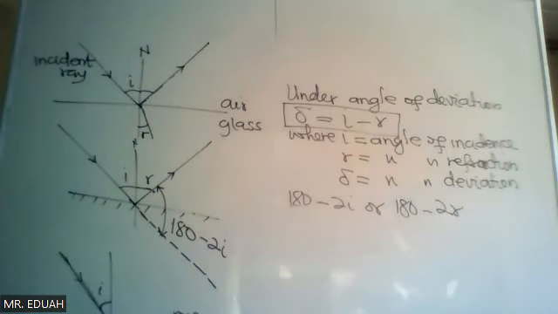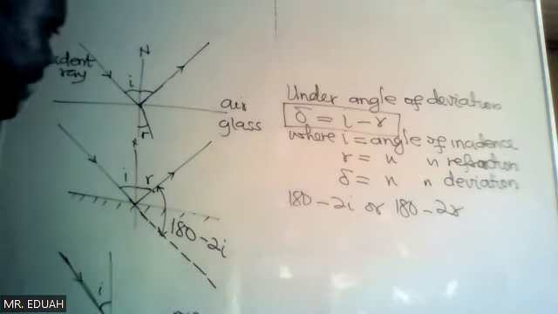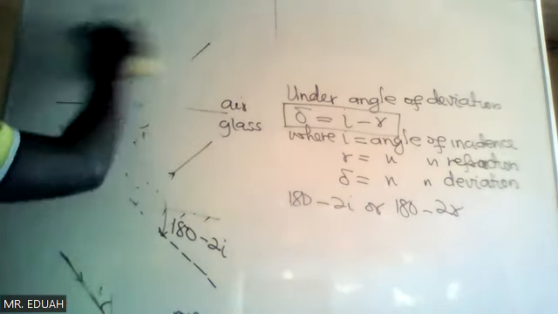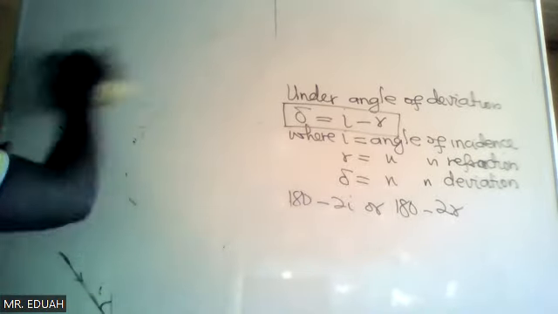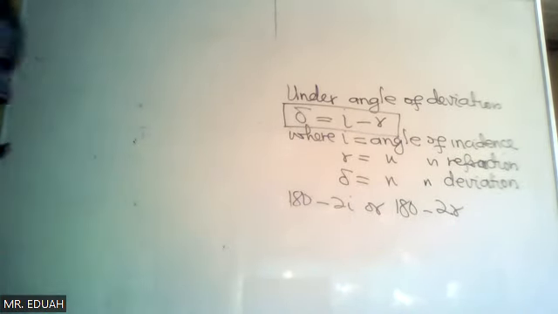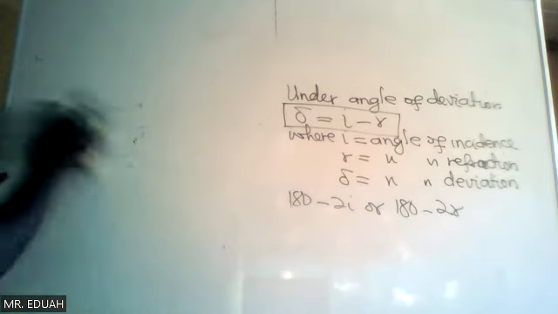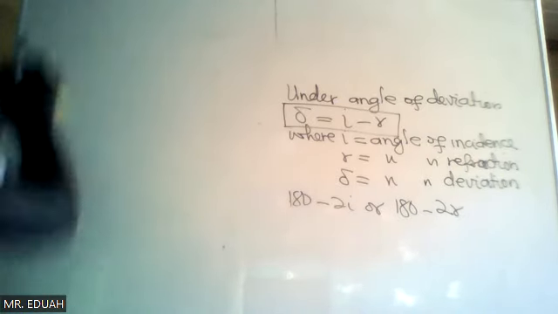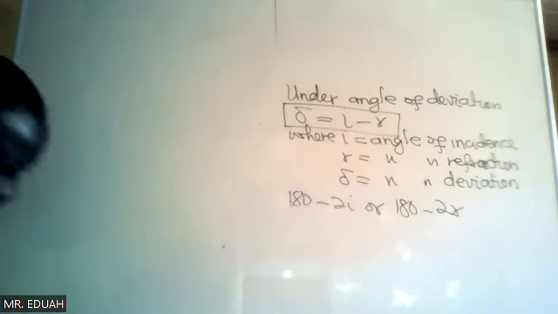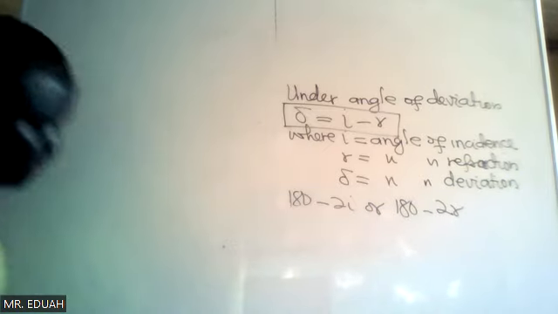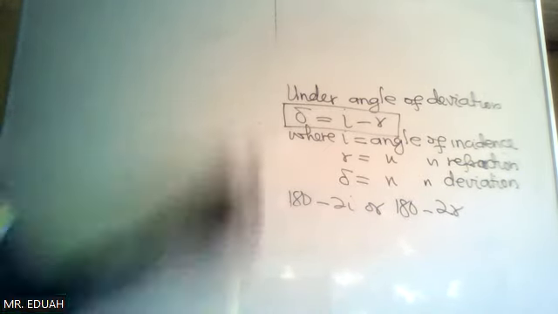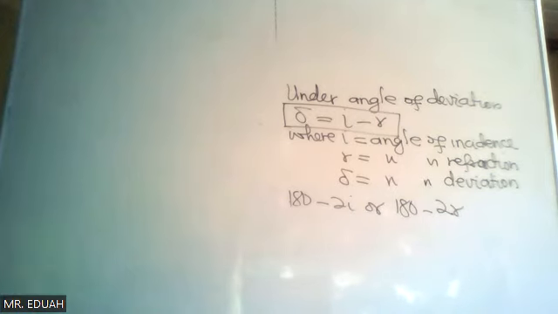Now, this ratio is what we call the refractive index. We are saying this ratio is equal to a constant.